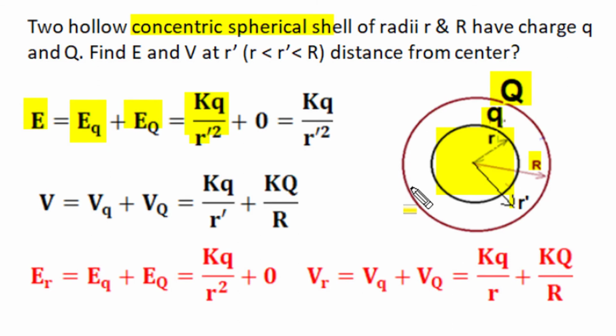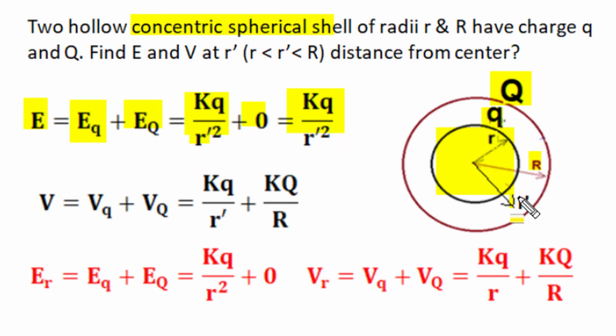And for the outer spherical shell, the electric field contribution at an internal position is 0, so there won't be any electric field from capital Q charge. So the resultant electric field at r dash distance by these two spherical charge distributions is kq upon r dash square.